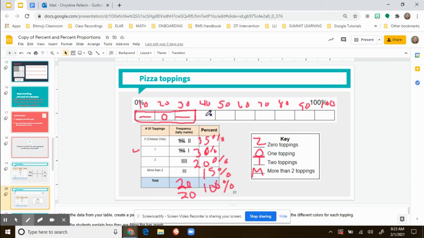So 10, 20. That's 20% on a bar graph. It's not 50%, it's 20%. Make sure you understand that and put a T. That is 20% of our bar graph. Remember, the 1 topping is 10, 20, 30%. All right, we're done with that.